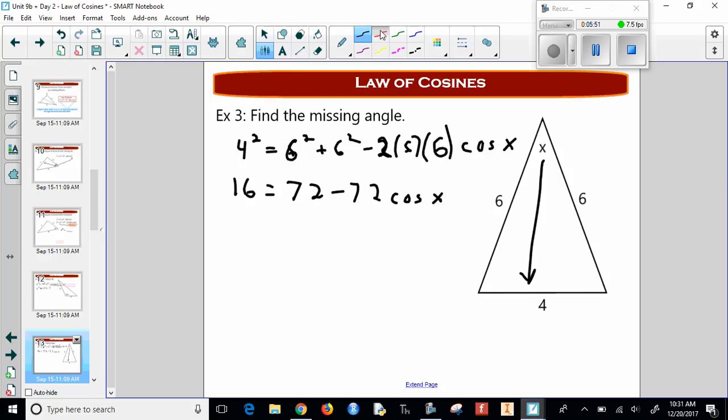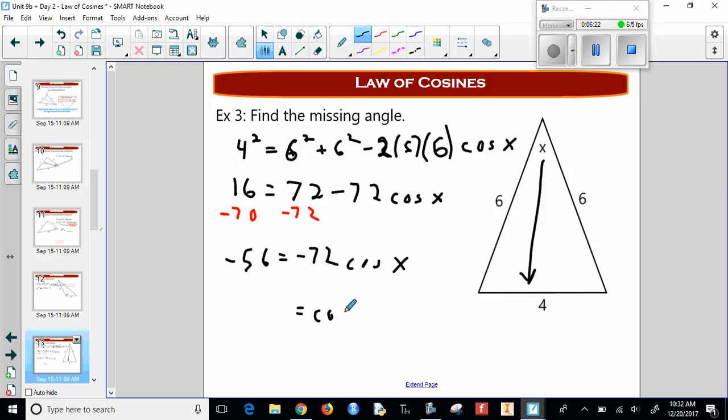We need to subtract 72 on both sides. So 16 minus 72 is, what is that? Negative 56 is equal to negative 72 cosine of x. Now our last step, or second to last step I should say, is divide by negative 72.